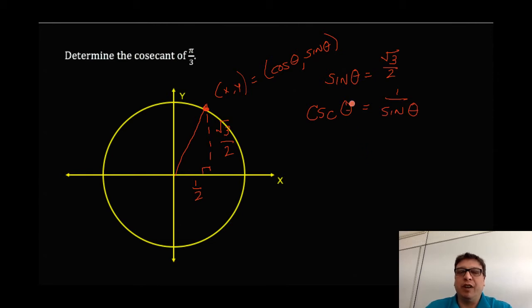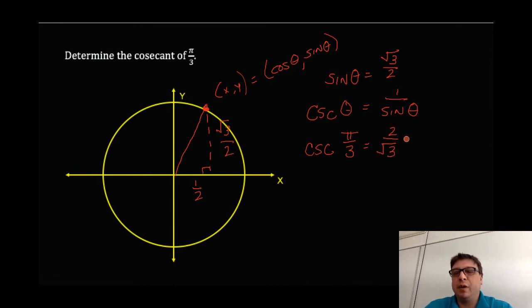So let's switch this around. We know that theta is actually pi over 3, and that's why we got square root of 3 over 2 here. So then cosecant of pi divided by 3 is equal to the reciprocal of whatever sine theta is. So then I have 2 divided by square root of 3.